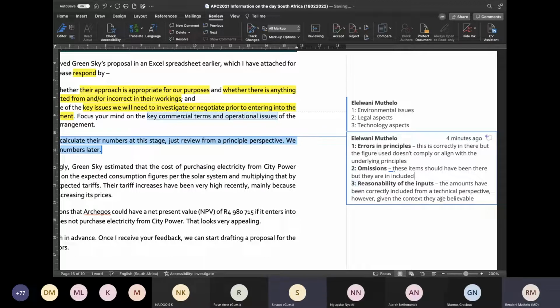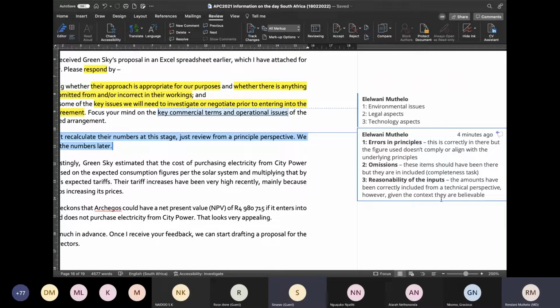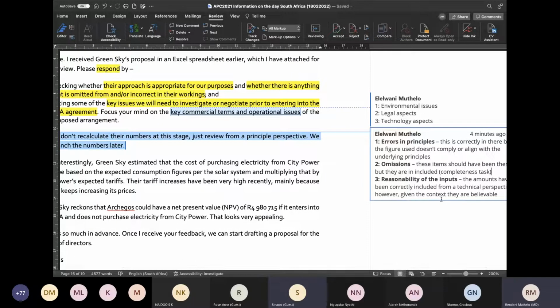And the second one, you'll hear when you get to Fade next week that he refers to this as a completeness task. So just to make sure that if I was to do this, I will have included this and that and this. Did they do that? Yes, yes, no, no. Then I raise the findings for the omissions.